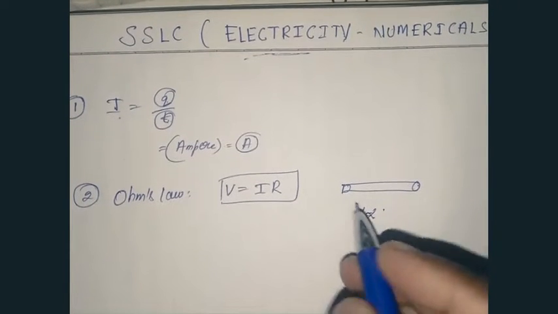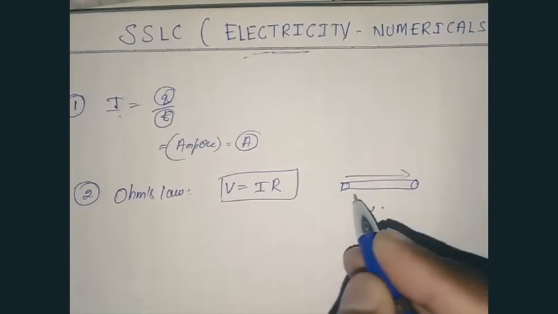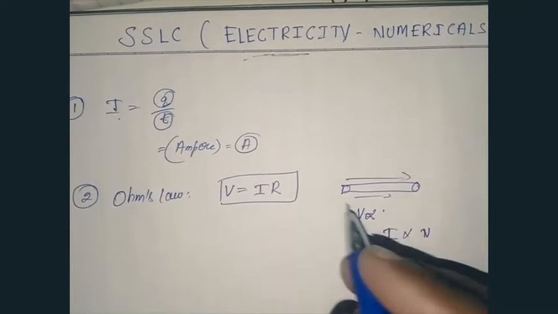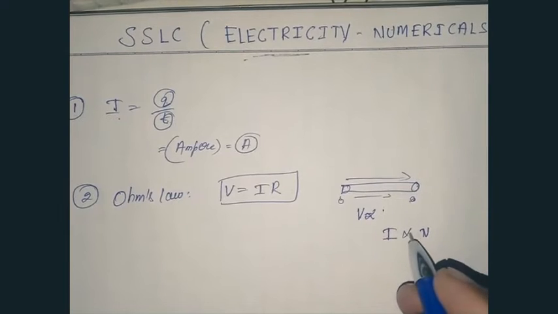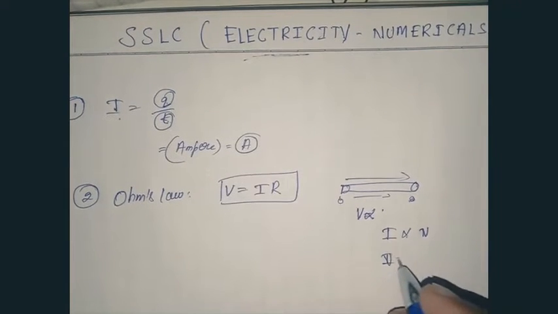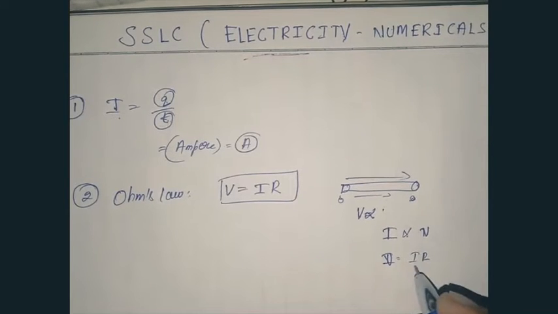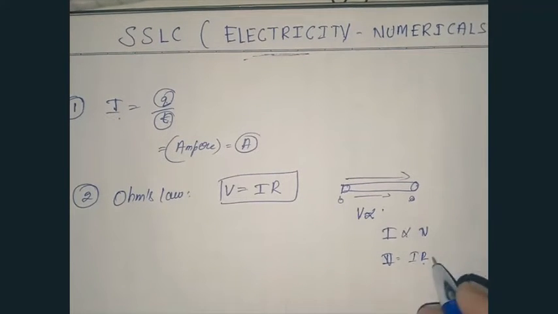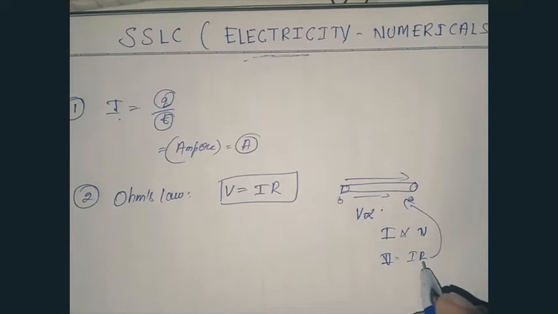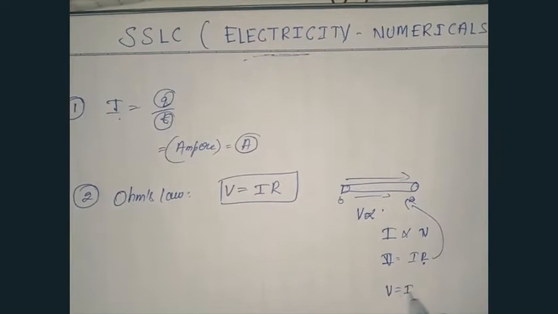Or you can say that the current flowing through the conductor is directly proportional to the potential difference across its ends. If you remove the proportionality sign, you can write V is equal to IR, where R is the resistance offered by the conductor. Is that clear? V is equal to IR is the normal form of Ohm's law.